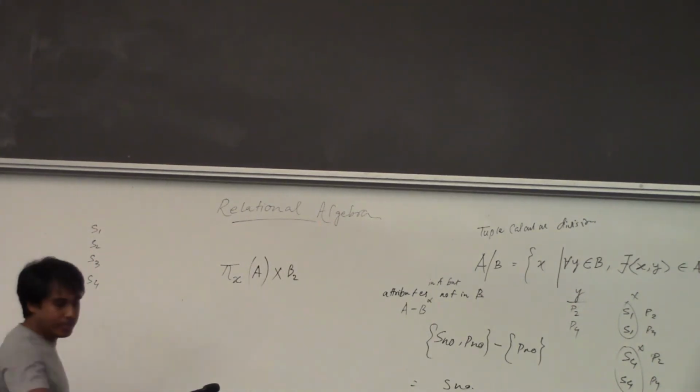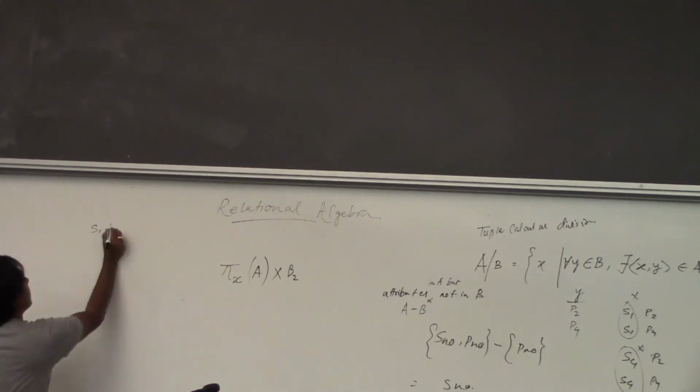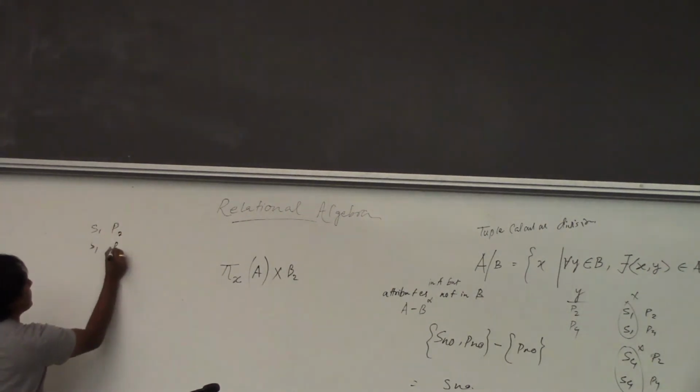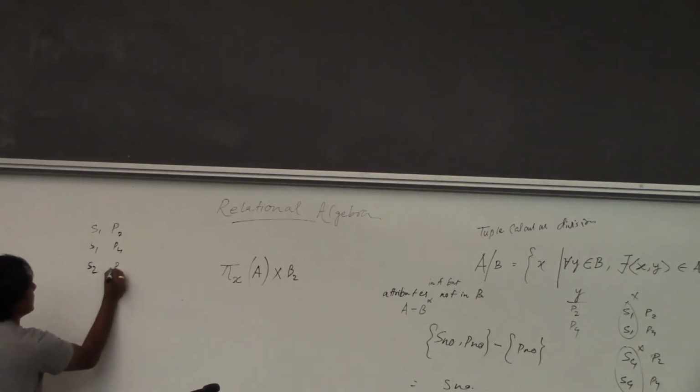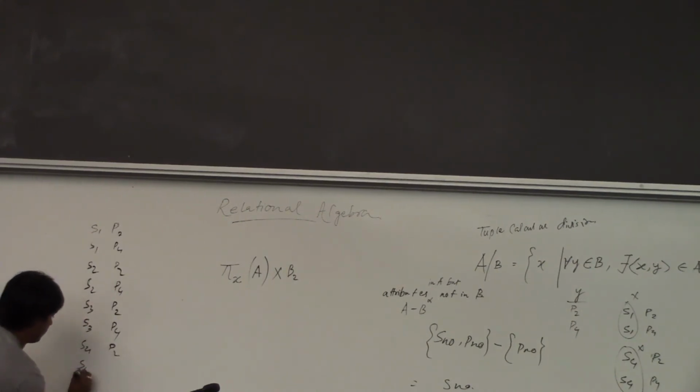So what will be the result? S1 with P2, S1 with P4, S2 with P2, S2 with P4, S3 with P2, P4, S4 with P2, P4. Okay?